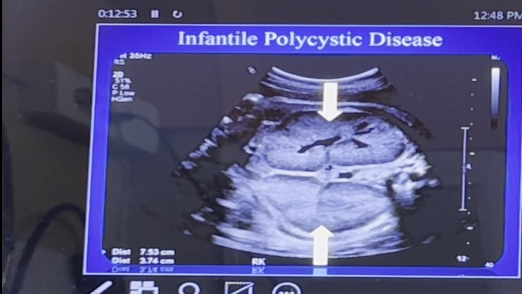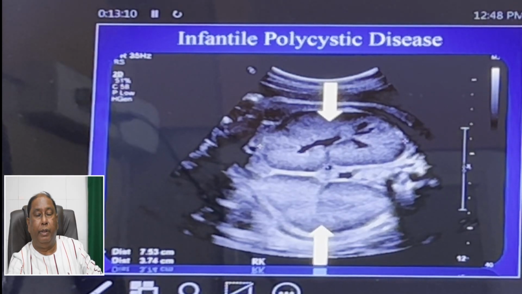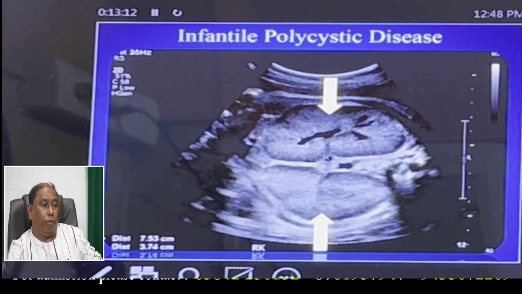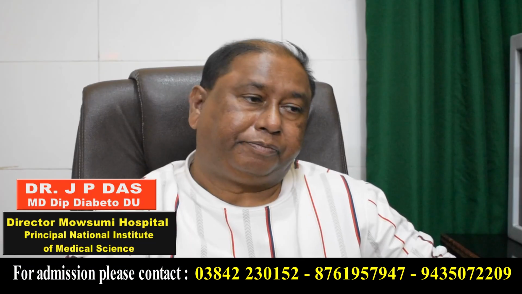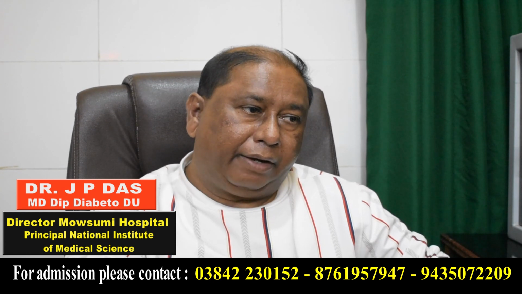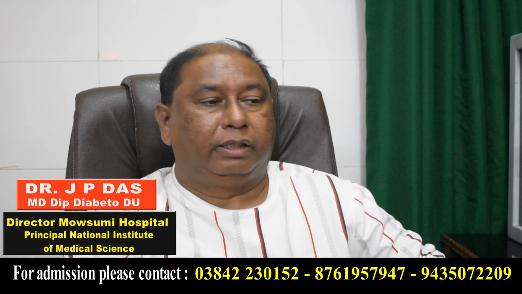At birth these kidneys will be seen as extremely enlarged, bright kidneys, with hepatic fibrosis which is usually associated. The child will soon develop portal hypertension, and renal failure eventually develops.